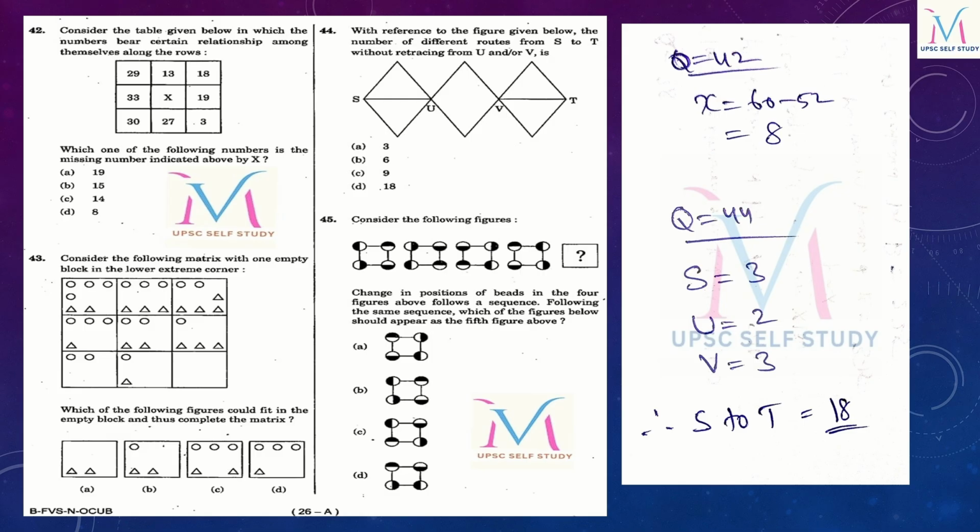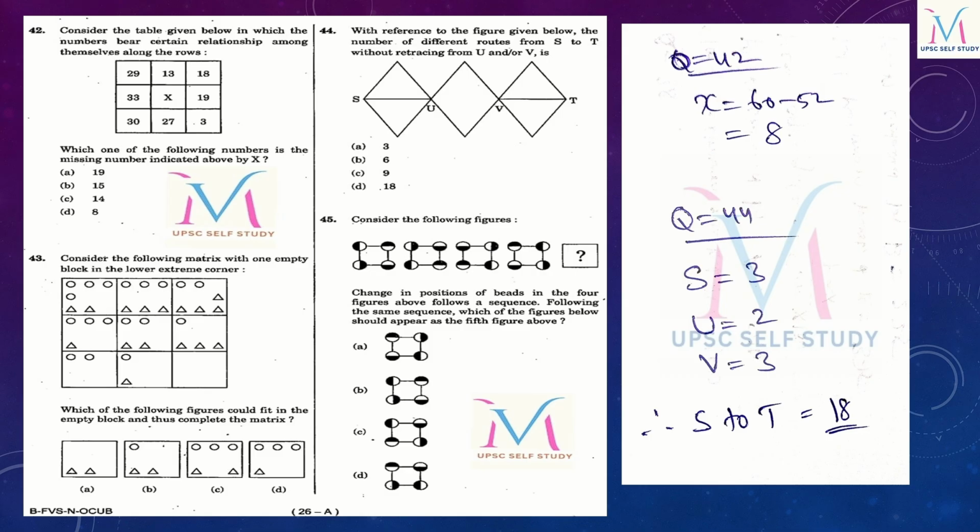As you know, 33 plus x plus 19 is equal to 60, according to the first row and last row statements. If we do the simplification, we get x is equal to 8. So for question number 42, the answer is 8.